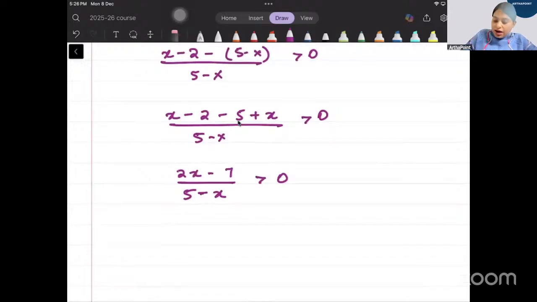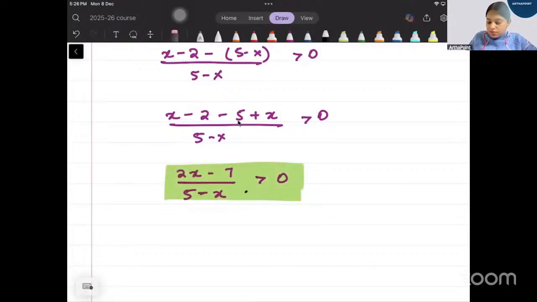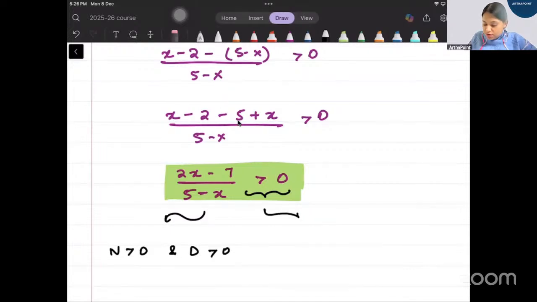Okay. Now this is a fraction. When is a fraction positive? A fraction can be positive if both numerator and denominator are positive. A fraction can be positive if both numerator and denominator are negative.